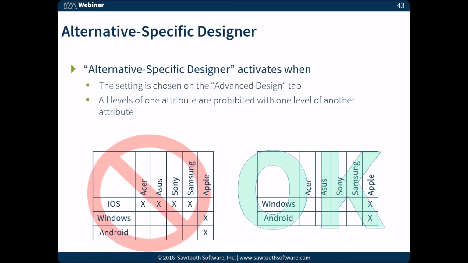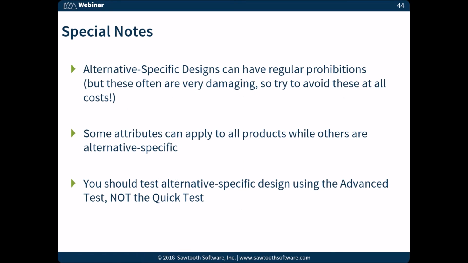But if we think about it in an alternative specific way and change it so that our attribute for system is only Windows and Android, then we can have all levels of the system being prohibited with one level of the brand attribute, and that is going to be great for our alternative specific designer.